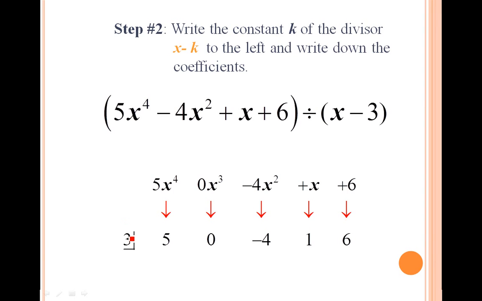To determine what goes in this box here, you basically need to look at the opposite of what you see here. So you see minus 3, but you would put a positive 3 here. We're going to put the coefficients of the dividend in this row. So 5, 0, negative 4, 1, 6, and that comes from all of the coefficients.